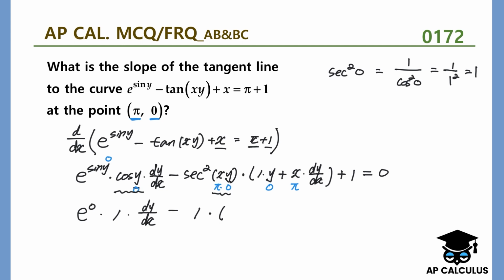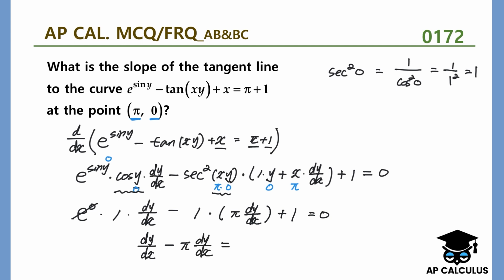Here we have pi times dy over dx. So pi dy dx plus 1 is equal to 0. So we have dy over dx minus 1 times pi, that's pi dy dx.